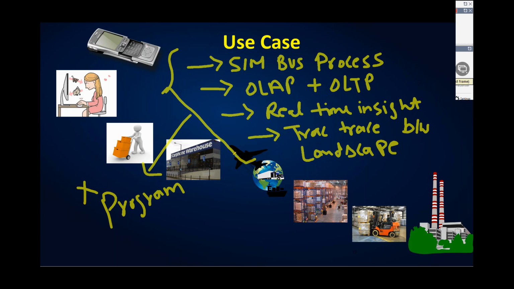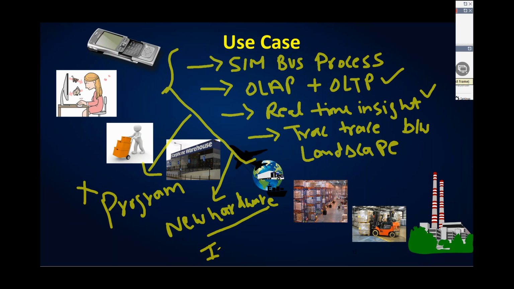So what they identified is that we need new hardware. New hardware is required to support our OLAP and OLTP together to provide real-time insights, because our current hardware is dependent on traditional hardware which runs on disks. So they found out we require an in-memory database. An in-memory DB is required basically to adopt all of these things.